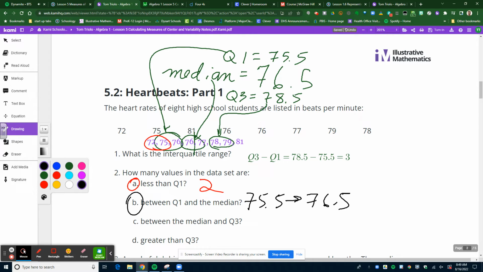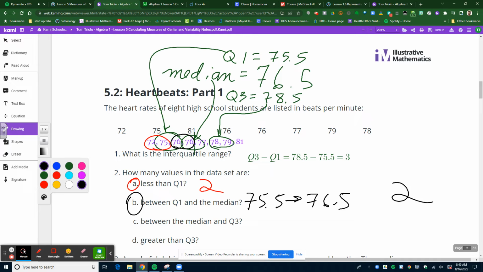What do you see? You see 76? 1. But that same number shows up how many times? Twice. So the answer there is 2. There are 2 numbers between 75.5 and 76.5. The 2 numbers just happen to be the same, 76. Okay. So when it says how many values, they're actually saying each number in the data set.